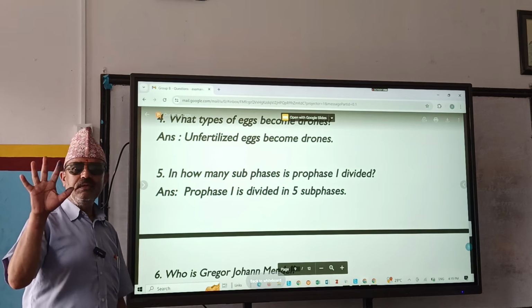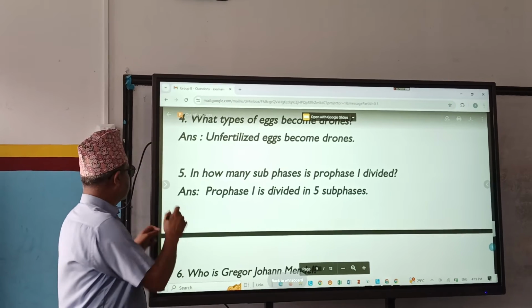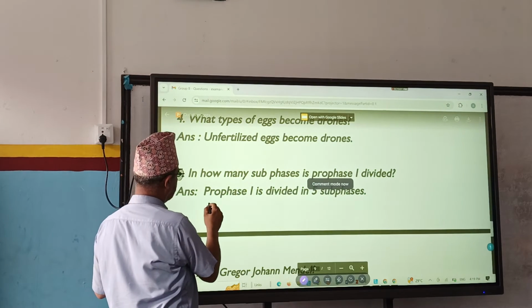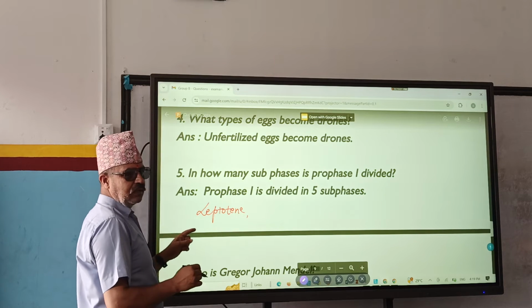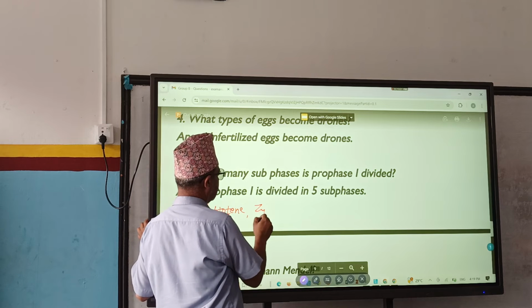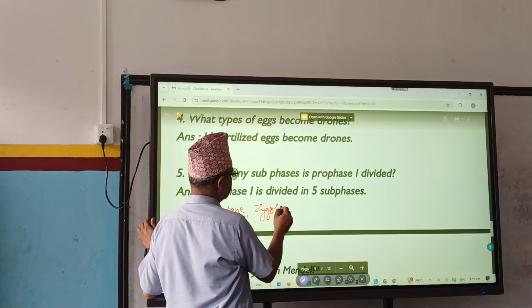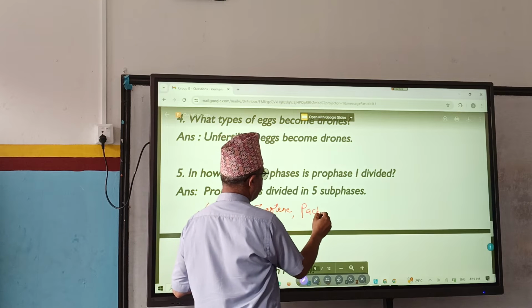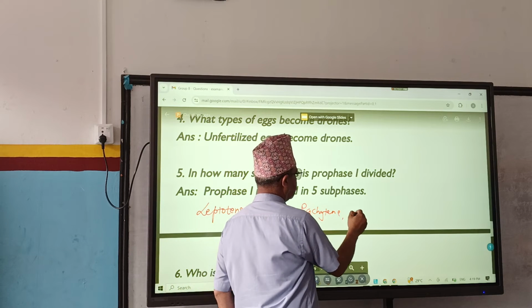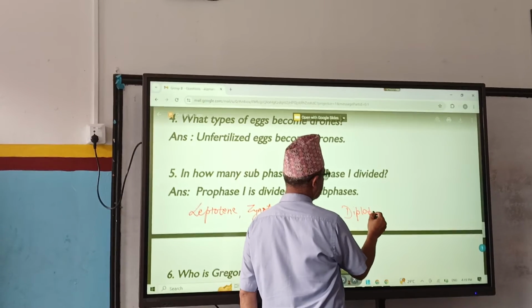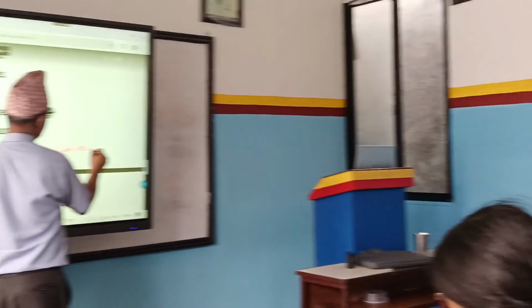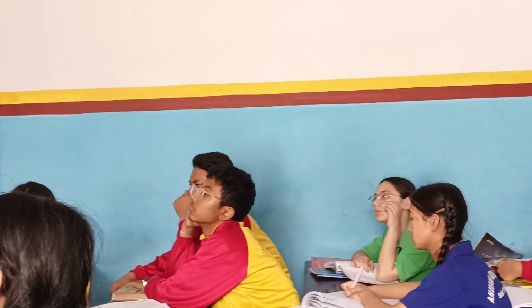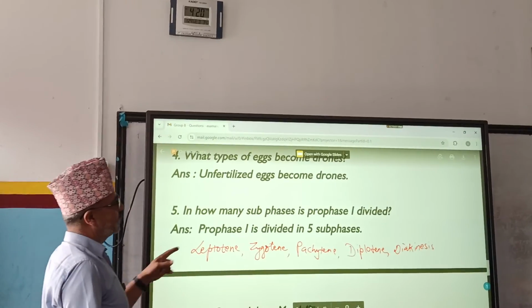In how many subphases is prophase divided? Prophase 1 has 5: leptotene, zygotene, pachytene, diplotene, and diakinesis.